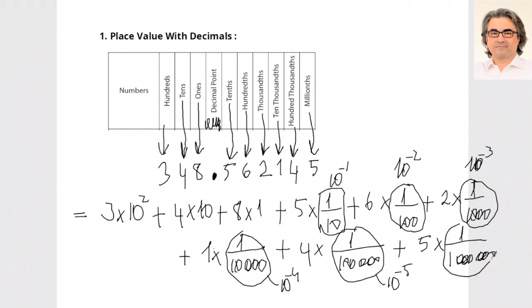And it's 10 to the power of minus 6. And these are the numbers of these powers of 10. 5 times 10 to the power of minus 6. So I think you understand the meaning of place value with decimals, or the standard and expanded form of decimals.